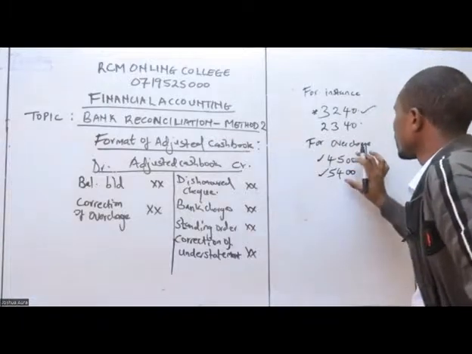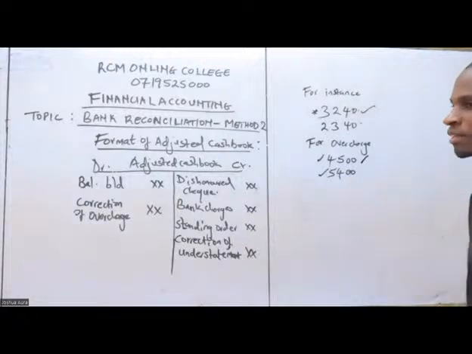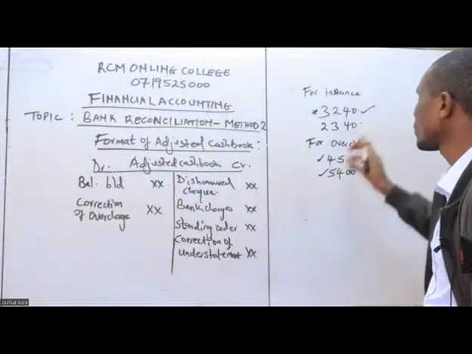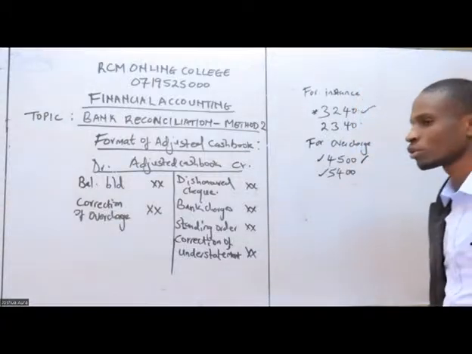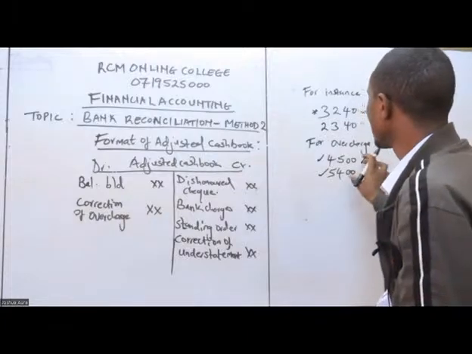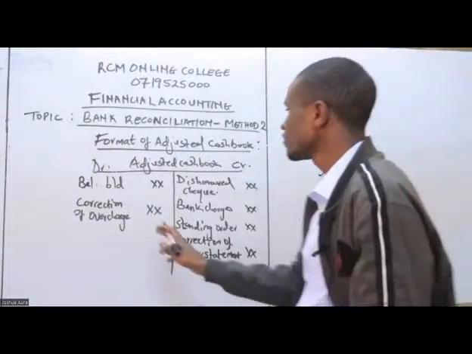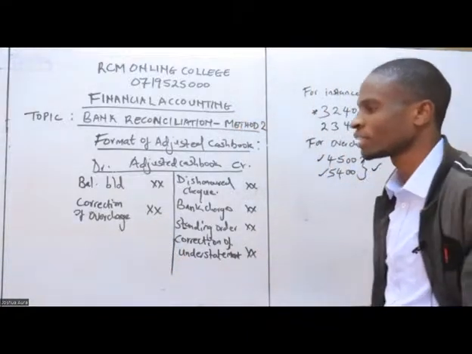So there is an amount above what is expected. This is a transposition error. You look at the difference, and that difference is what you put on the debit side of our adjusted cash book.